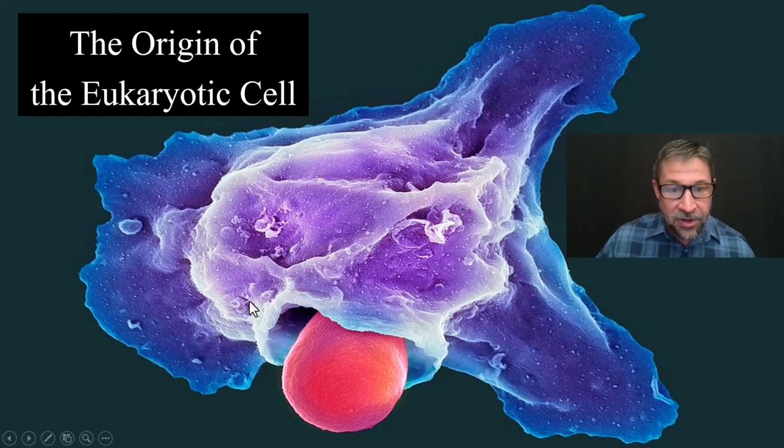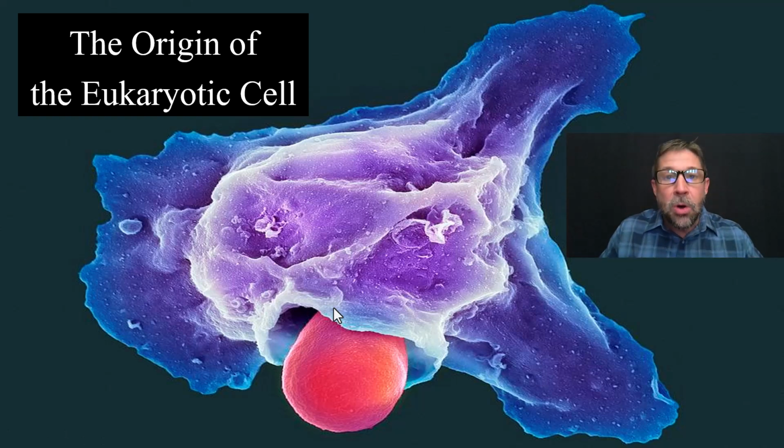But first, if you take a close look here, this larger blob-like cell that shows up as purple and blue in this magnified image is engulfing the smaller reddish cell in a process known as phagocytosis. That's when the cell eats.